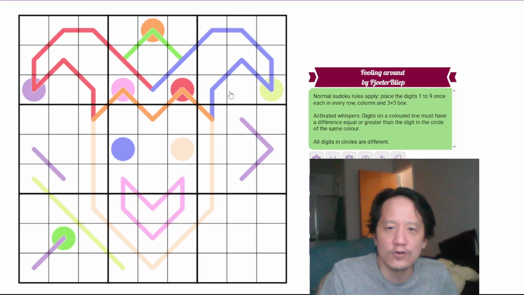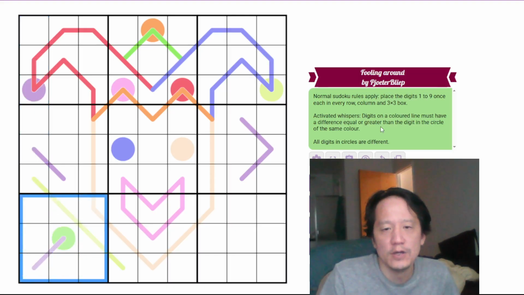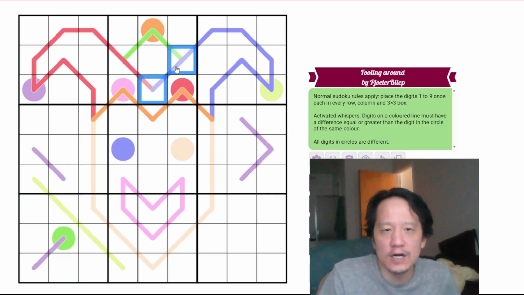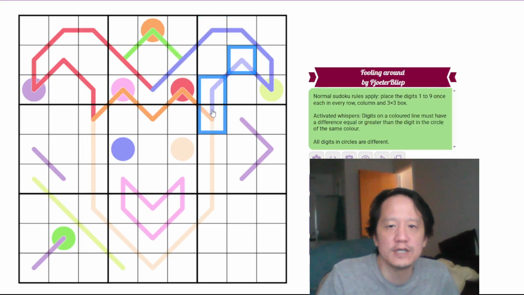Normal Sudoku rules apply, which means place the digits 1 through 9 once each in every row, column, and 3 by 3 box. We have activated whispers, where digits on a color line must have a difference equal or greater than the digit in the circle of the same color, and all digits in circles are different.